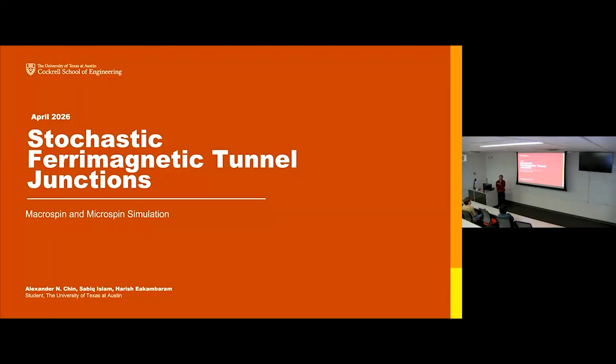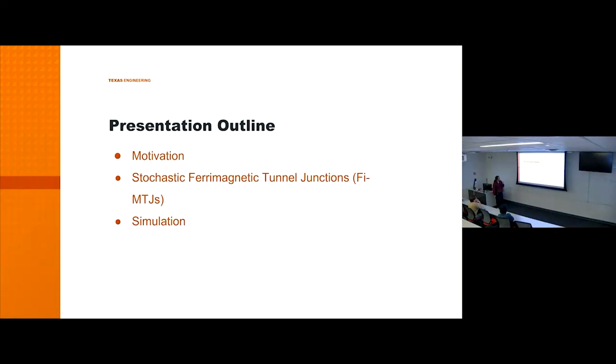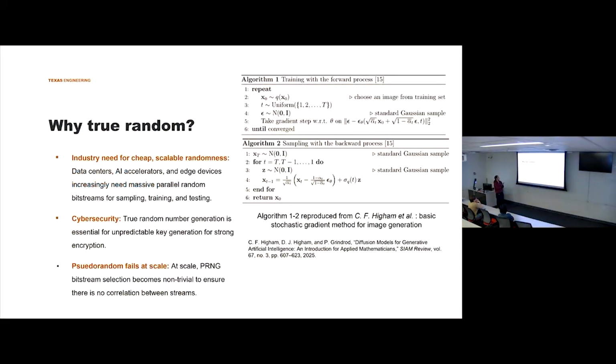So again, Nicholas did the honors of explaining everything for the background, but I'll touch on it briefly with the motivation. It's essentially why true random number generation for AI. In generative AI, you actually have to sample random numbers at every iteration.